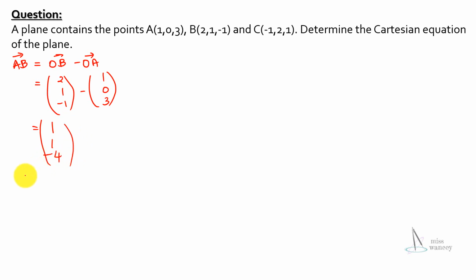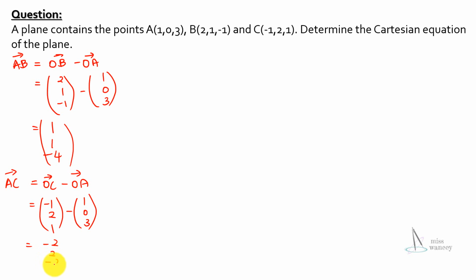And then of course we have to calculate AC. AC is OC minus OA. OC, C is (negative 1, 2, 1). OA is (1, 0, 3). So we're going to subtract them. It will become (negative 2, 2, negative 2).